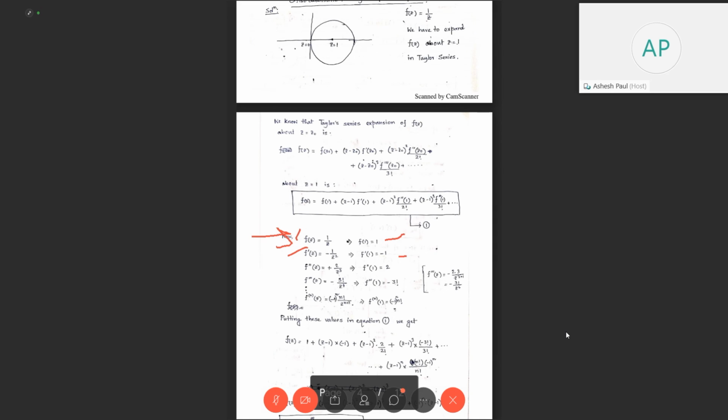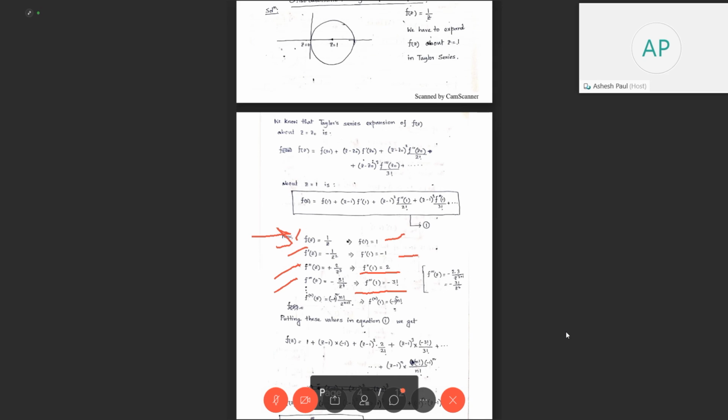So the value of f dash (1) is minus 1. f double dash (z) is equal to 2 by z cube, so the value of f double dash (1) is 2. f triple dash (z) is then minus 2 into 3, and since 2 into 3 is factorial 3, it is minus factorial 3 by z to the power 4. Then the value of f triple dash (z) at the point 1 is minus factorial 3.